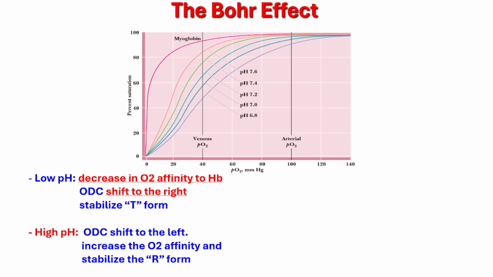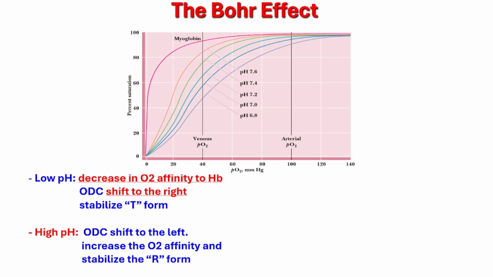The T form, does it mean the oxygenated or the deoxygenated? The T form, the deoxygenated. So the decrease of pH will promote the T form, because it promotes low affinity. So I'm going to have more deoxygenated, because we said low affinity for the binding of the oxygen.